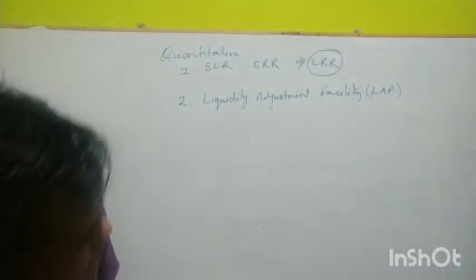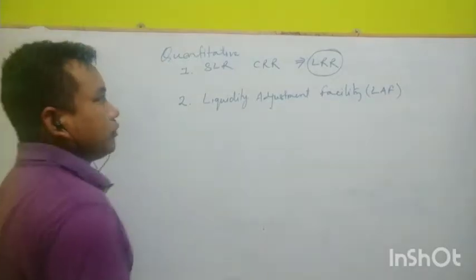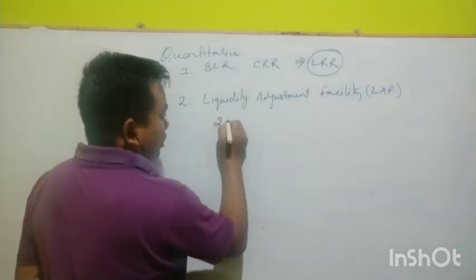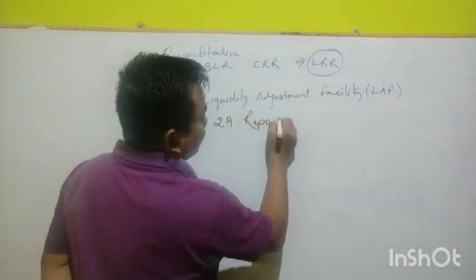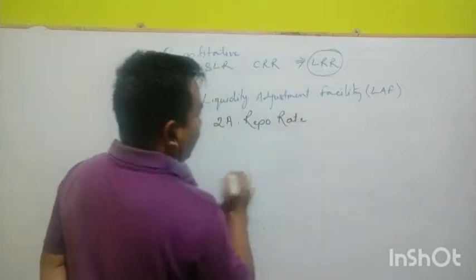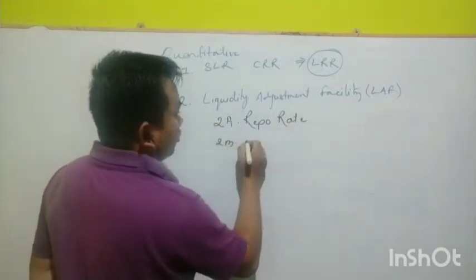Under this liquidity adjustment facility, LAF, we again have two subtypes: 2A, the first one, is known as repo rate, and 2B, the second, is known as reverse repo rate.